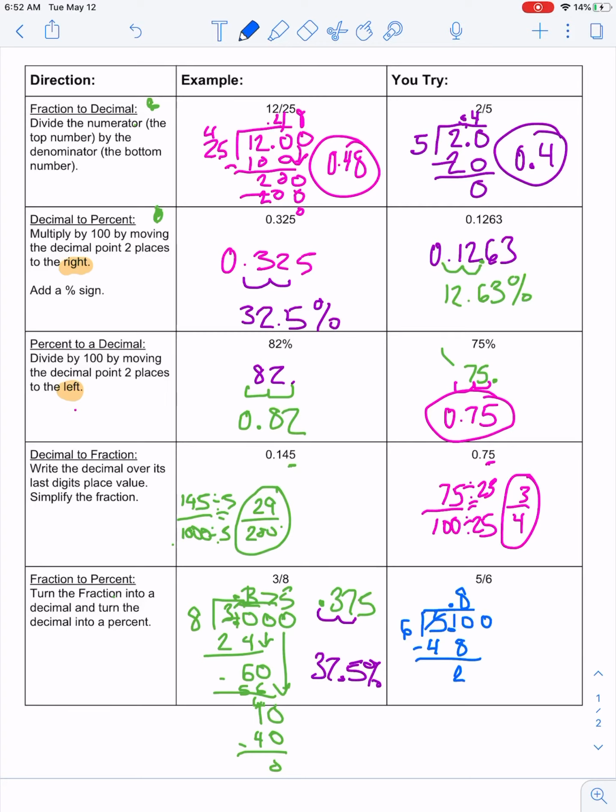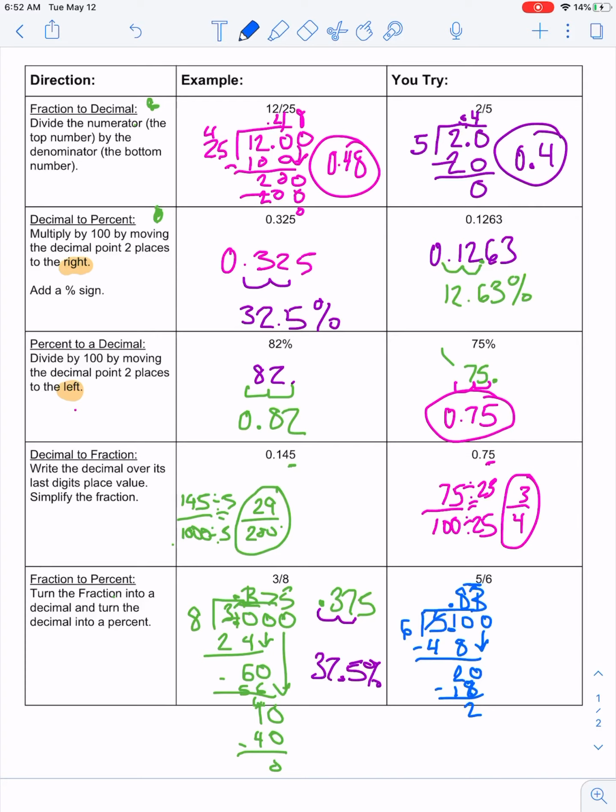So we annex another 0, drop it down. How many times does 6 go into 18? It goes in there 3 times. 6 times 3 is 18. We get 2 again. So that shows us that we're going to have a repeating decimal.